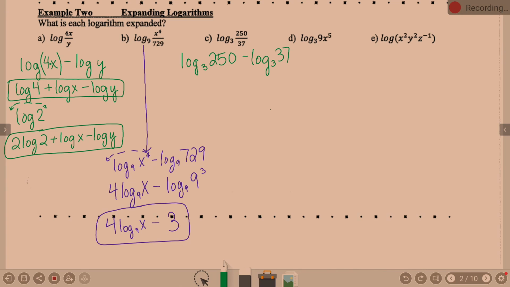I guess one option might be that you could technically stop here. Okay, I get that. But I want to show you what the book did on this type of problem. So 250, you're not going to find it on your gold paper, but you're going to find something that goes into 250 on your gold paper.